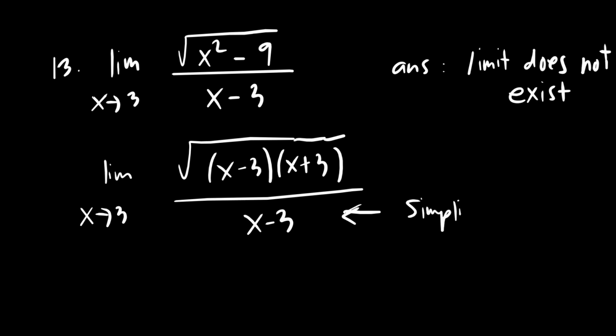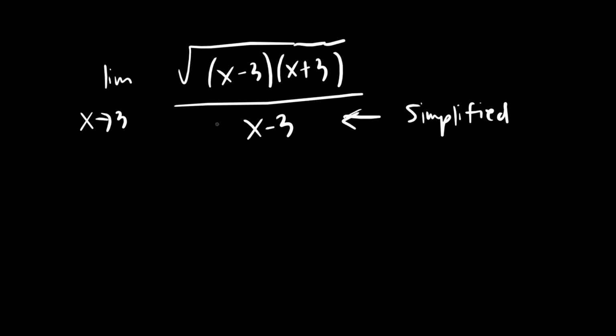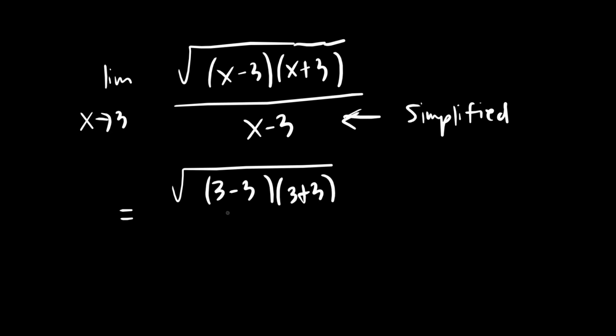So we'll just substitute right away, substituting 3: square root of 3 minus 3 multiplied by 3 plus 3, all over 3 minus 3.